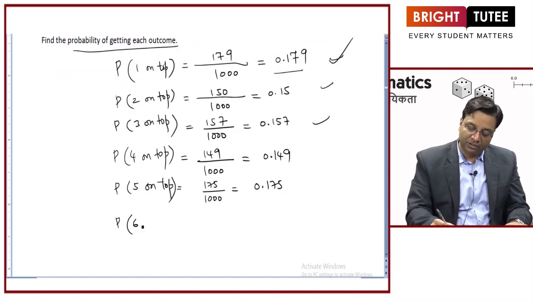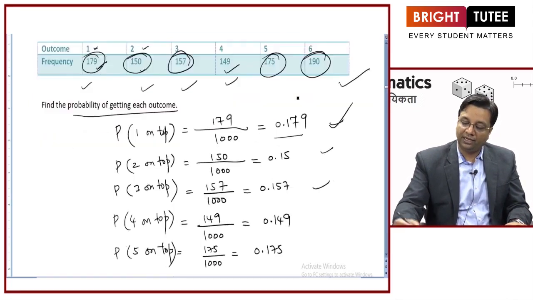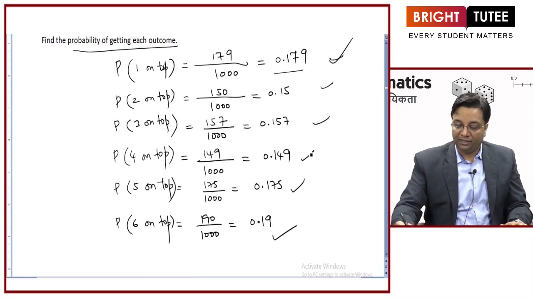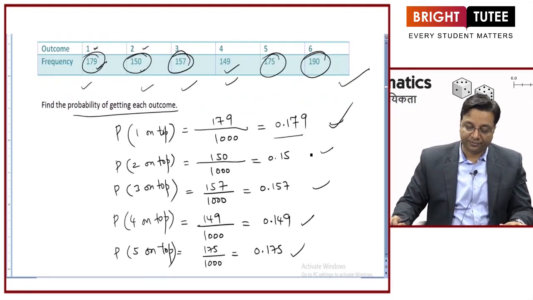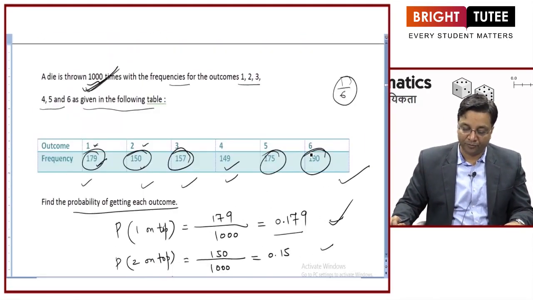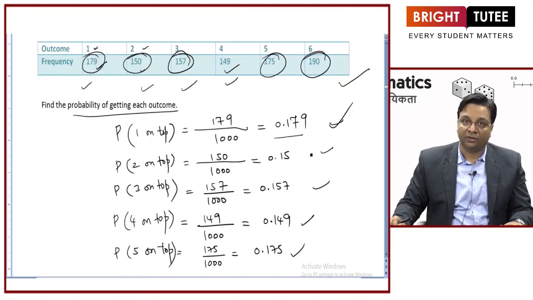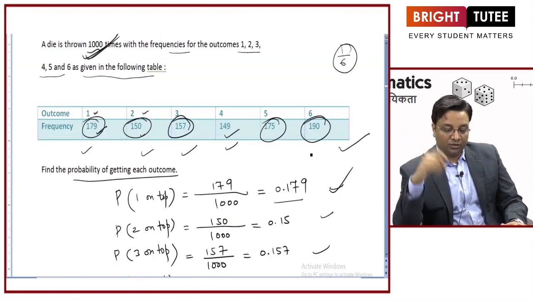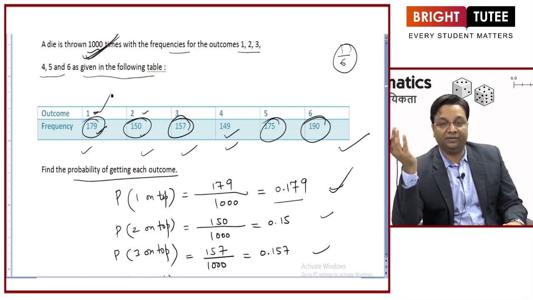Probability of 6 on top will be equal to 190 divided by 1000, which is equal to 0.19, and these are the probabilities, right? Okay, so these are the experimental or empirical probabilities of these outcomes or events, right?